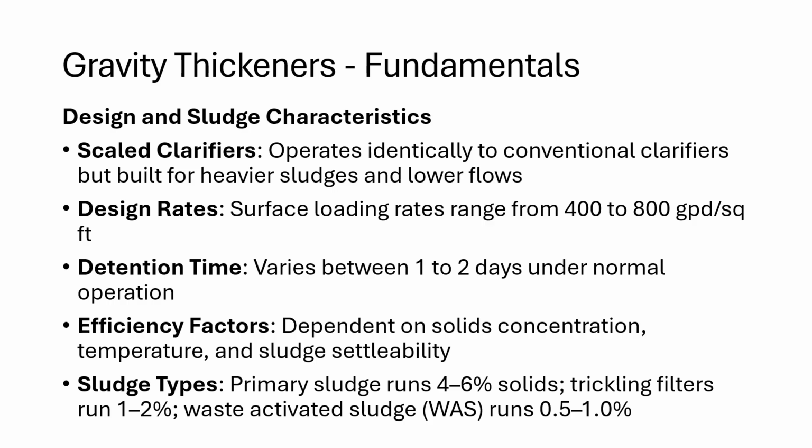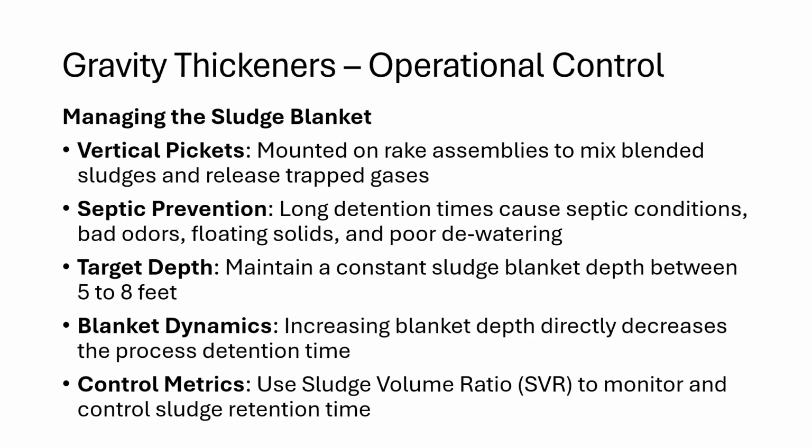Let me go to the next slide here. Here we go. Some of the things we're looking at with a gravity thickener or digester, we're trying to manage that sludge blanket. Okay. So we've got these vertical pickets or rake teeth, if you will. See if I can get you a picture here.